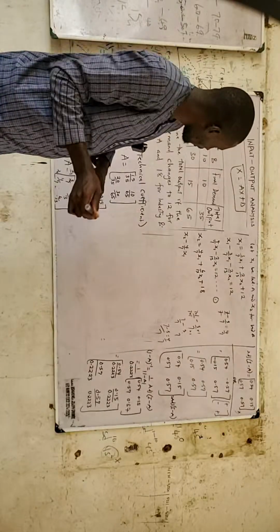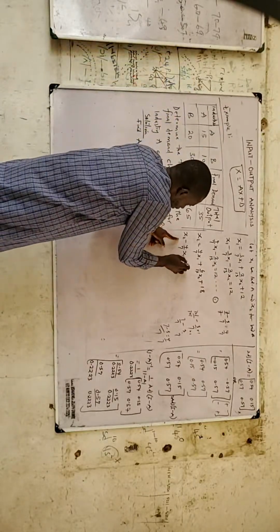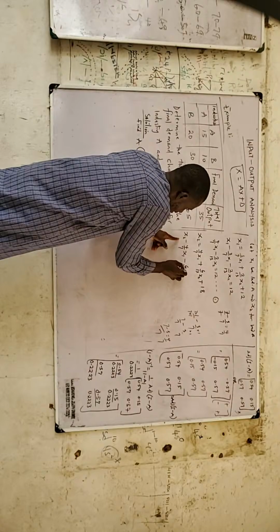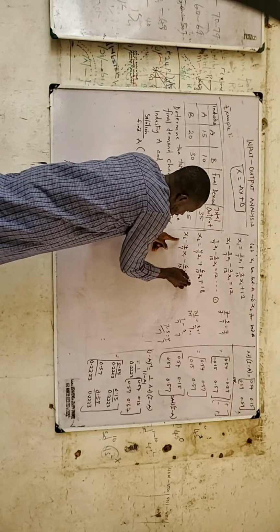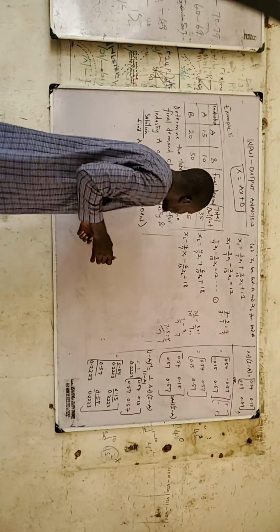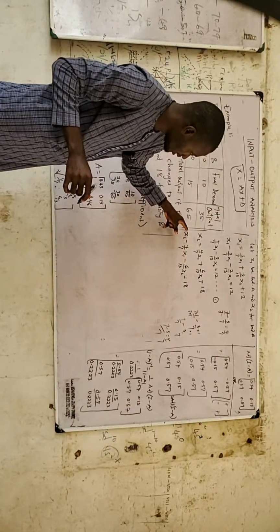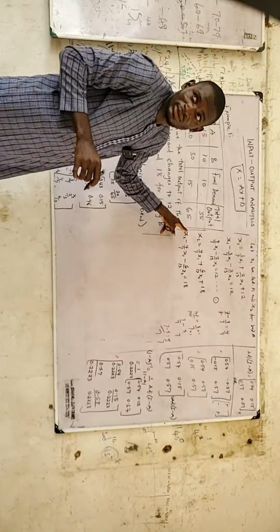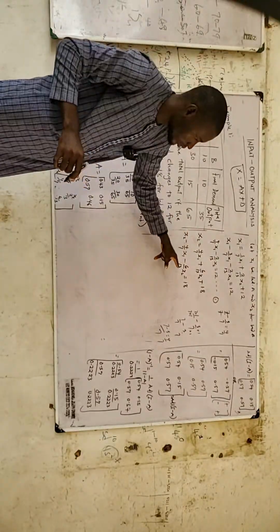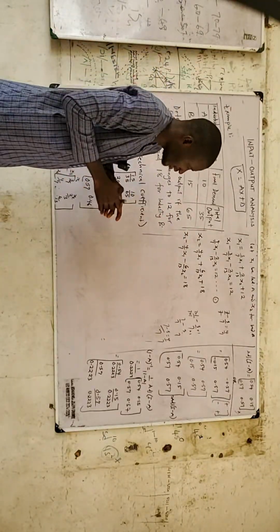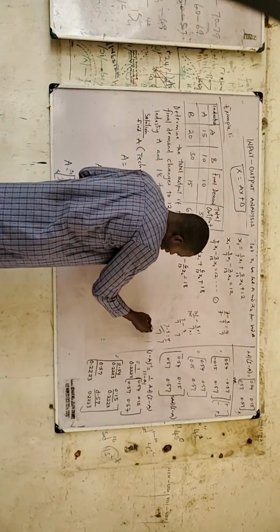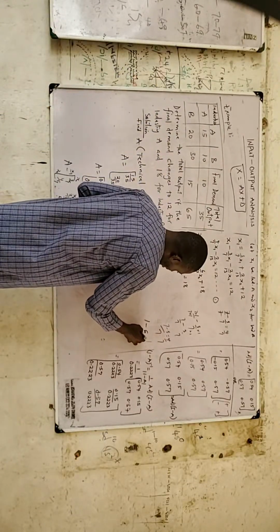Then here you have minus 6 over 13 x2 is equal to 18. What you use here is 1 x2 minus 6 over 13 x2, which is the same as 1 minus 6 over 13.